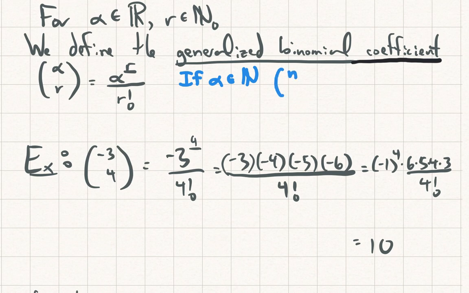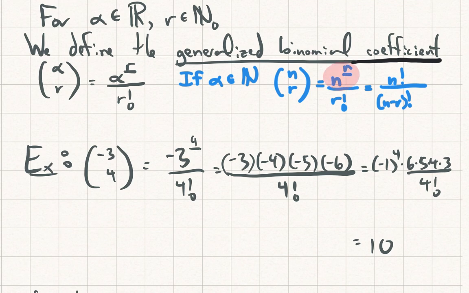So n choose r using our generalized definition is n falling factorial r over r factorial. But remember, n falling factorial r for whole numbers is just n factorial over n minus r factorial.